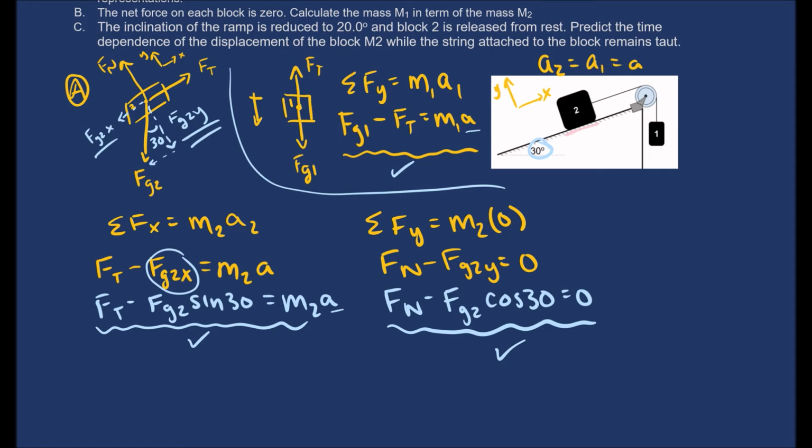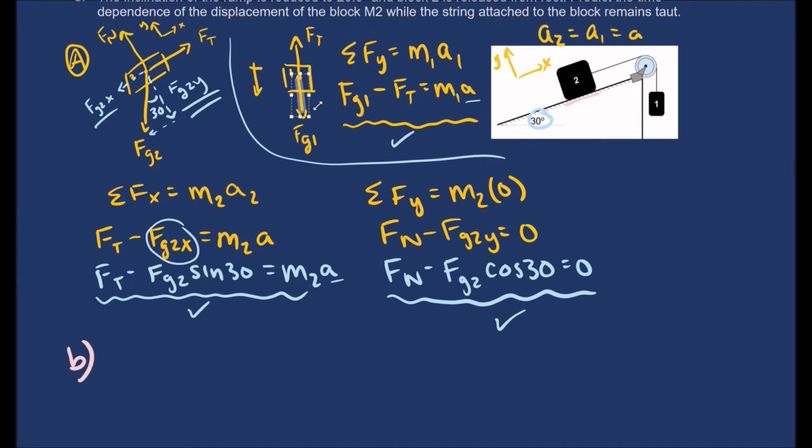Actually, let me change colors just so we can differentiate here. So part B, we now know that our sum of our forces, Fg2 sine 30 equals 0. And we also have our other equations as well.